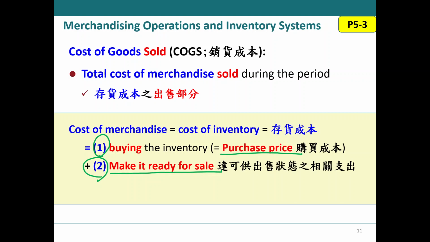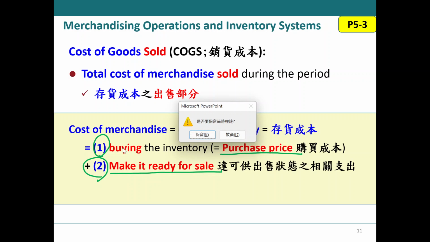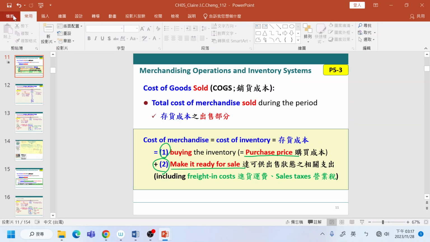If I told you the selling price, for example, if you want to buy clothes from Momo, and they tell you the selling price is 100.